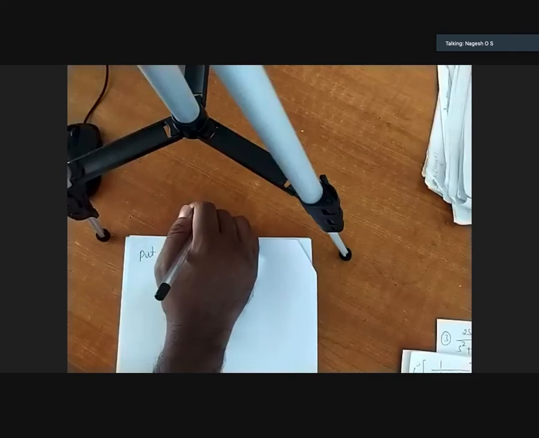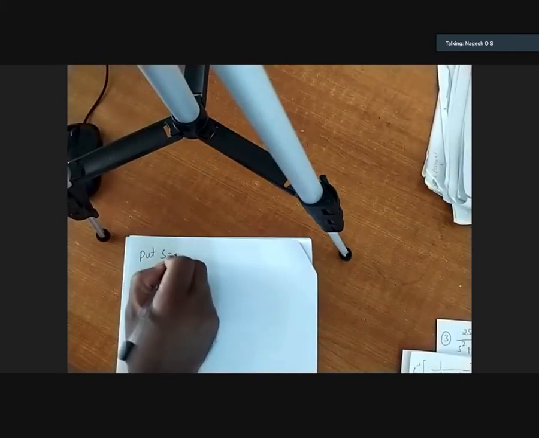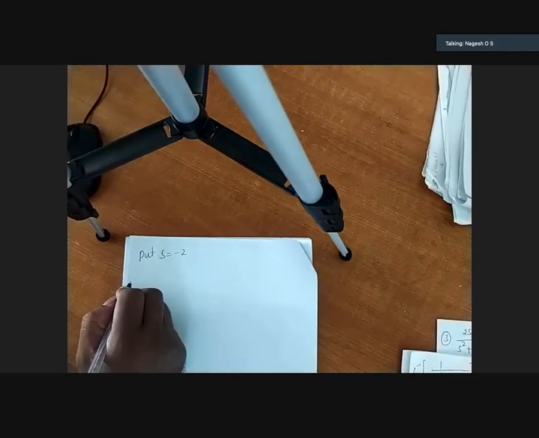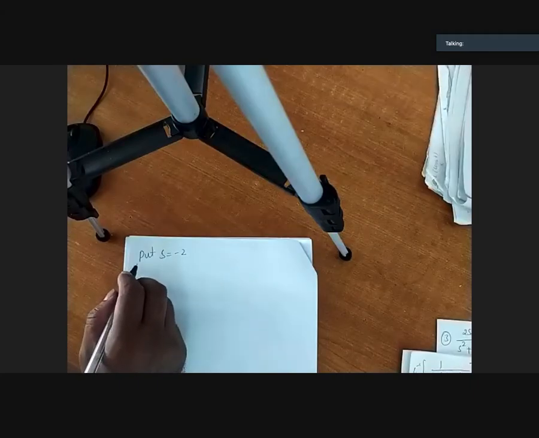Next, put s equal to minus 2. B equal to 1 you are getting.